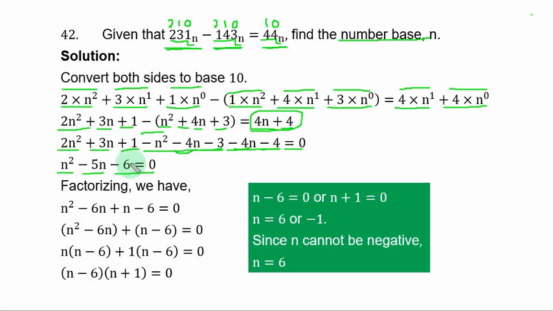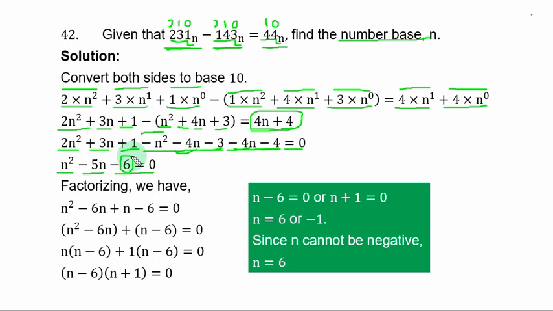When factorizing, you look for two factors of the constant term 6, such that the sum is minus 5 in n, that is the middle term, and the product is minus 6. Such factors are minus 6 plus 1. Minus 6 plus 1 is minus 5 when added, minus 6 times plus 1 is minus 6 when multiplied.